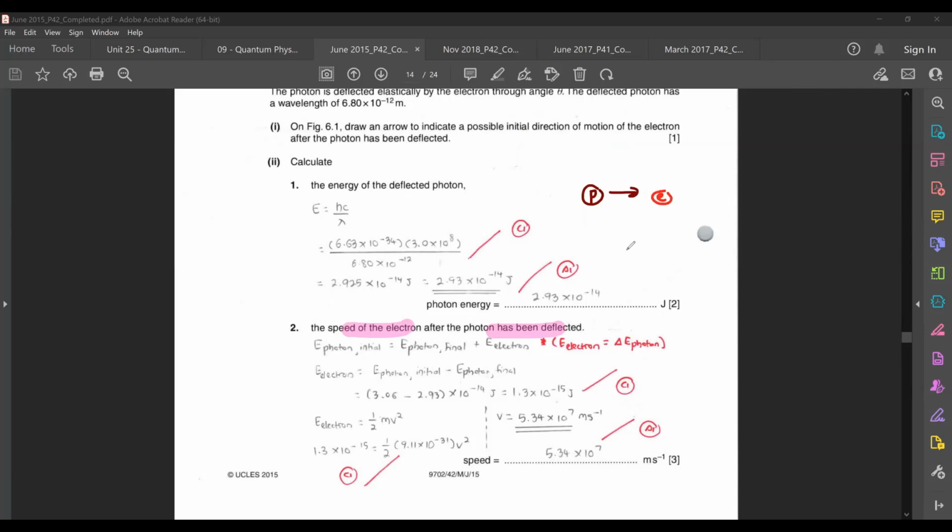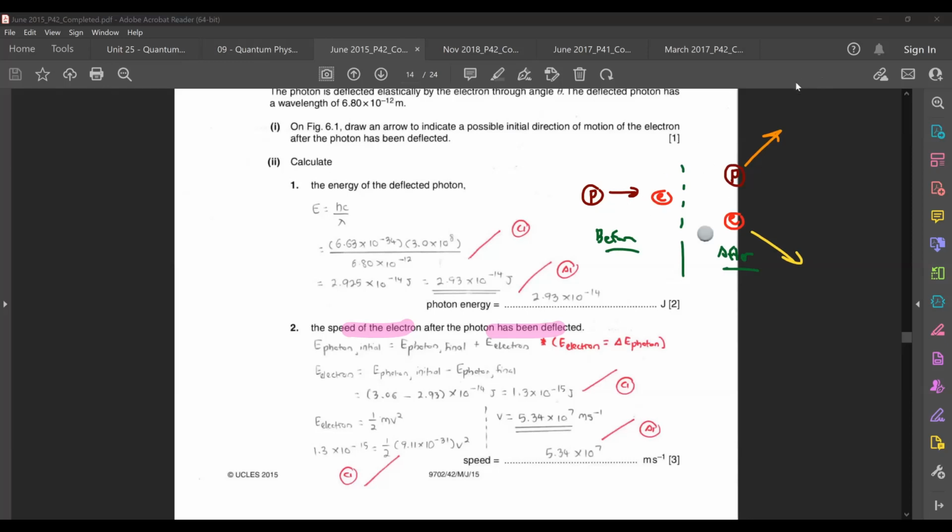This one was before collision. Then immediately after your collision, your photon now moves upwards, whereas your electron now moves downwards. So what you are interested in is the energy of your electron right now.